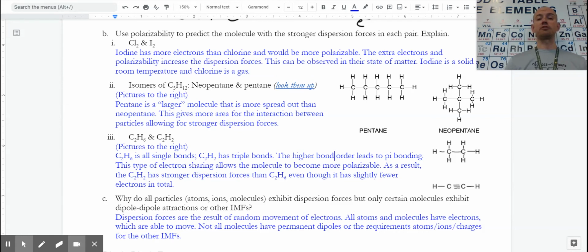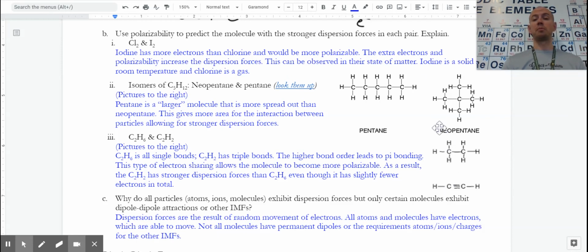It's not as strongly attracted to the nuclei there. So when there is some of that back and forth shift, it can be a little bit more than within a single bond. So because that one's more polarizable, we are going to see greater dispersion forces there. There are slightly fewer electrons here, but the double and triple bonding is more important in this case.